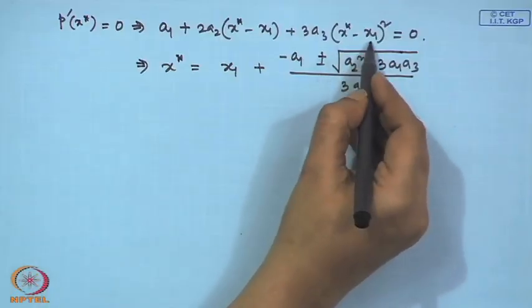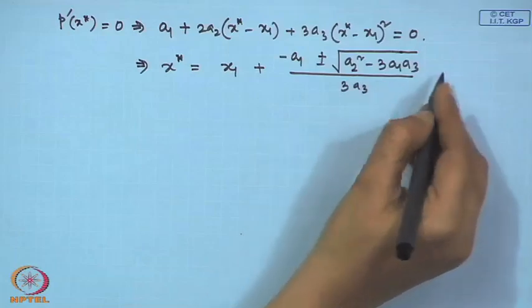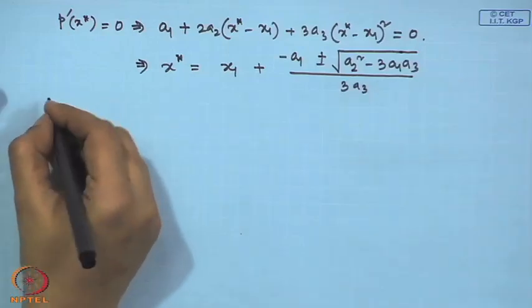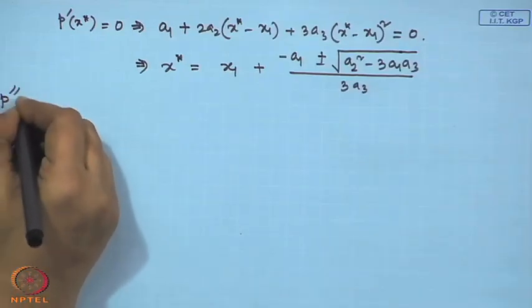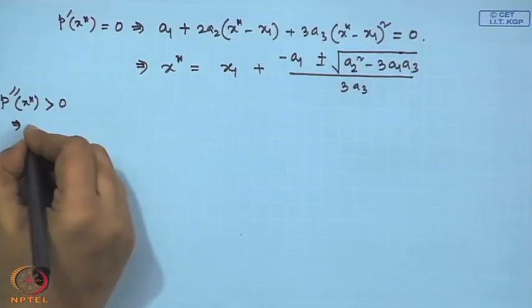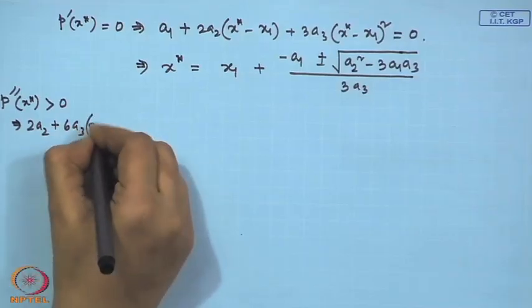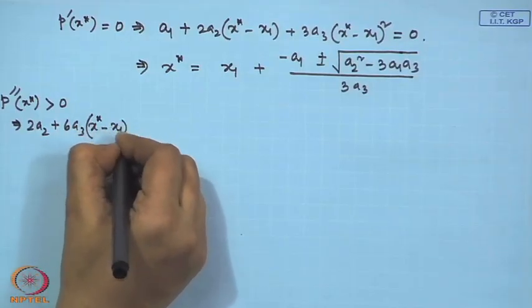Because this is an equation of degree 2, we can use this and get the value for x star. We have another condition as well: P double prime x star is greater than 0. That means 2 A2 plus 6 A3 (x star minus x1) is greater than 0.